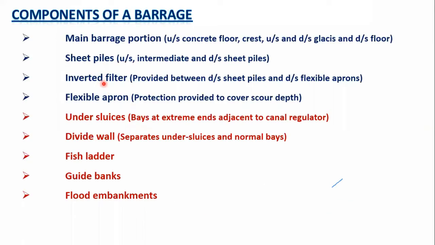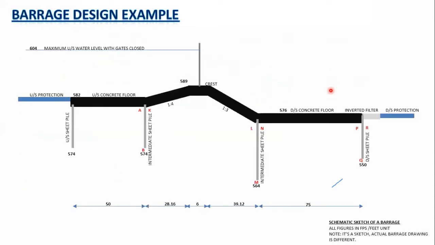An inverted filter is provided at the downstream end of the barrage, between the downstream sheet piles and the downstream flexible aprons. On the upstream and downstream side, I have mentioned downstream protection and upstream protection. These protections are in the form of boulders laid on the upstream and downstream side of the barrage to safeguard the structure against scouring and erosion.